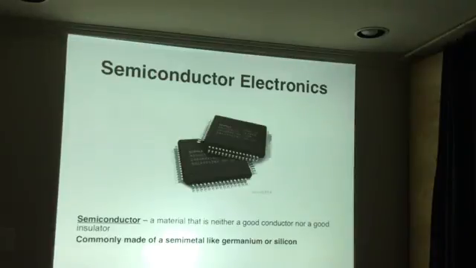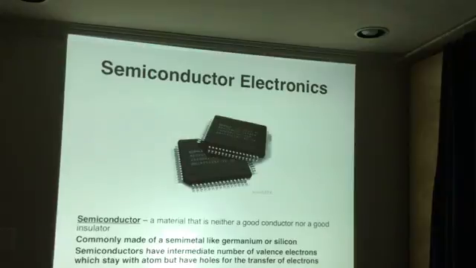And that is one of the reasons that they act as a semiconductor, and I'll show you that in a minute. Semiconductors have, as I said, an intermediate number of valence electrons which stay with the atom, like nonmetals, but because there's an intermediate number, they also have holes that allow for the slow transfer of electrons.